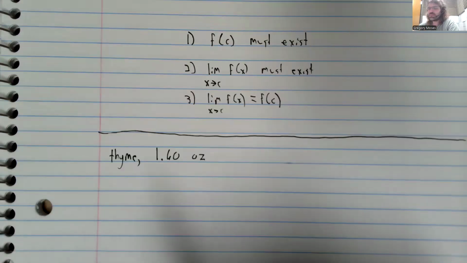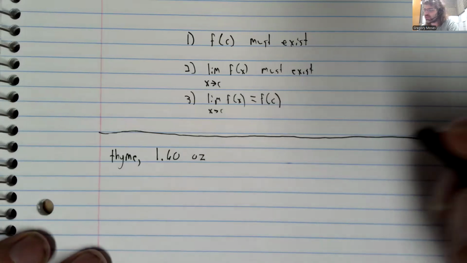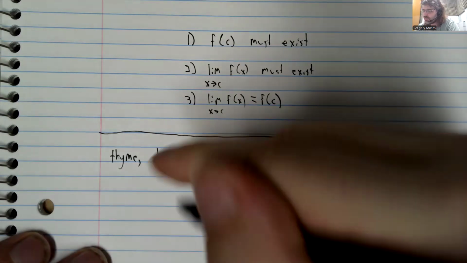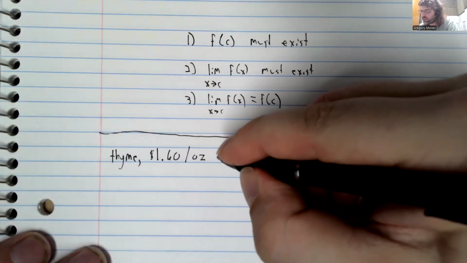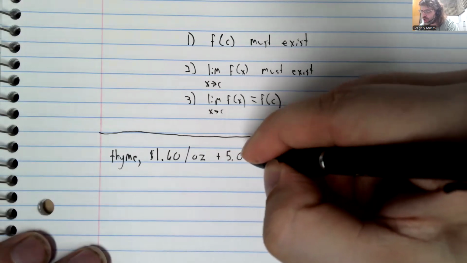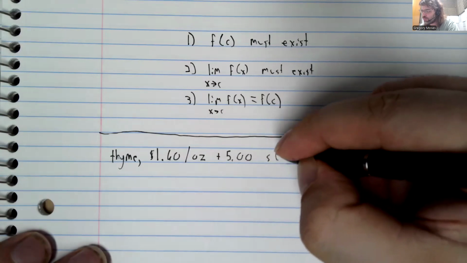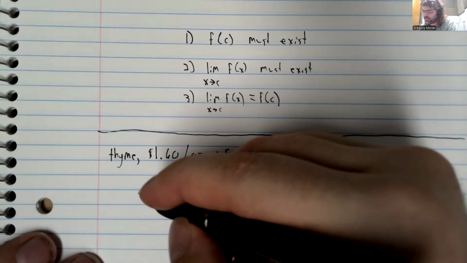You're selling it in bulk and it's $1.60 per ounce plus $5 shipping and handling.